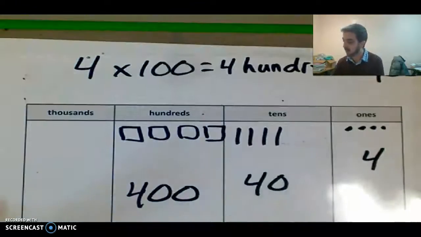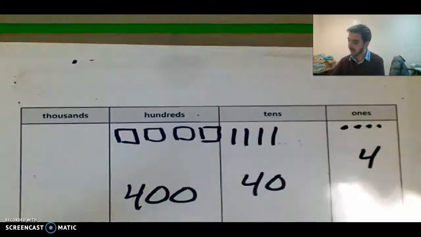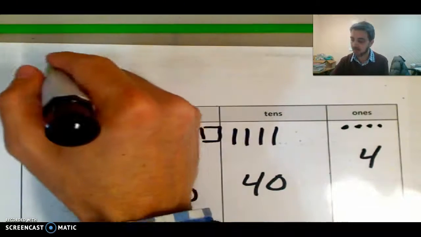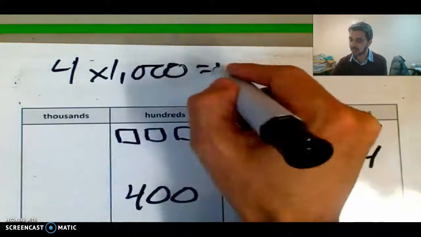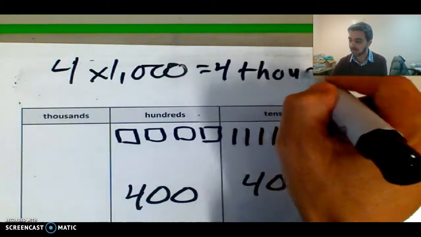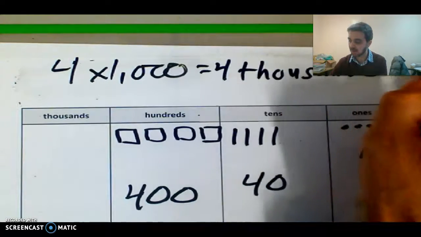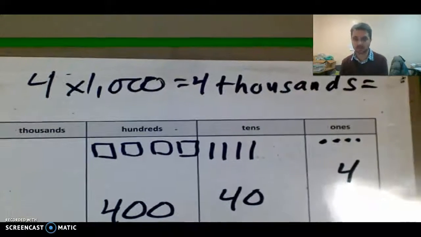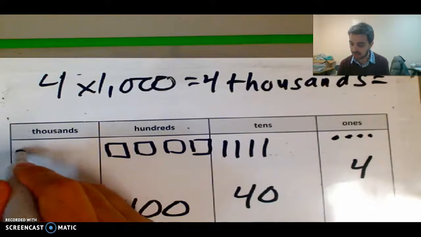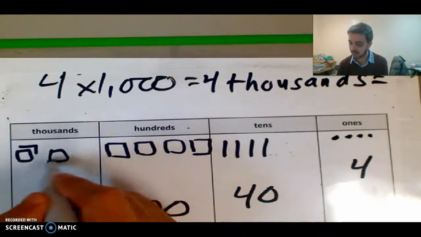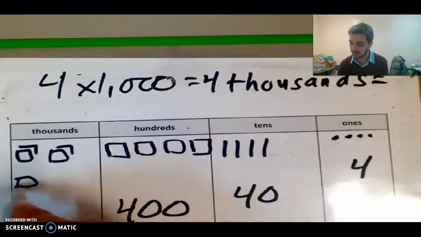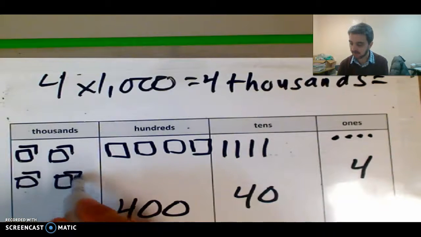Now if we go to the thousands, if we have 4 times 1,000, that's 4 thousands. What is that going to equal? Well, 1,000, the way I draw that is I draw a square and a little hat on it. 1, 2, 3, 4.